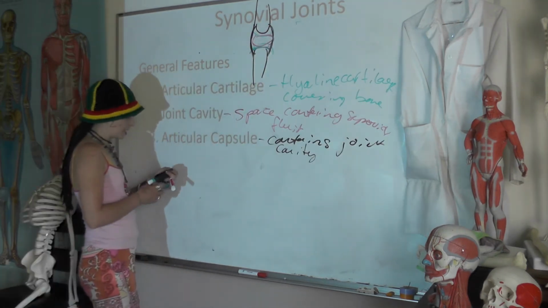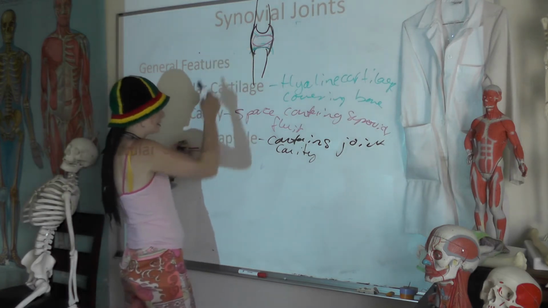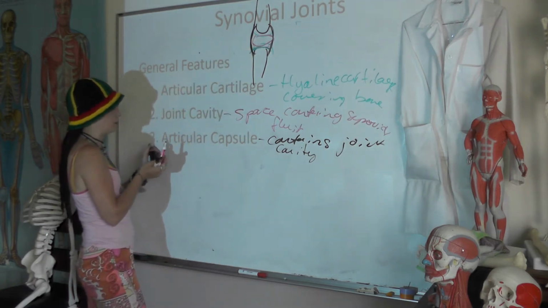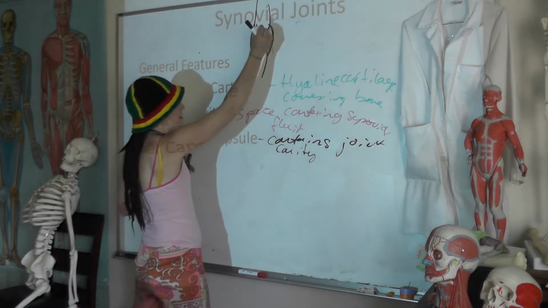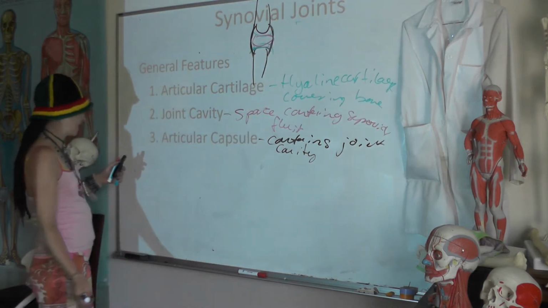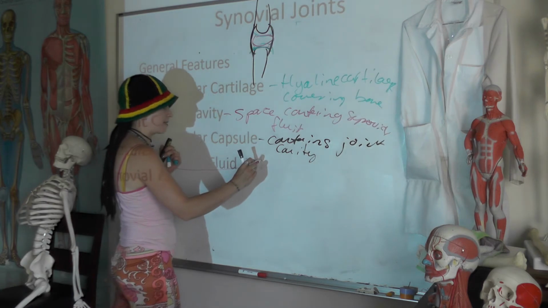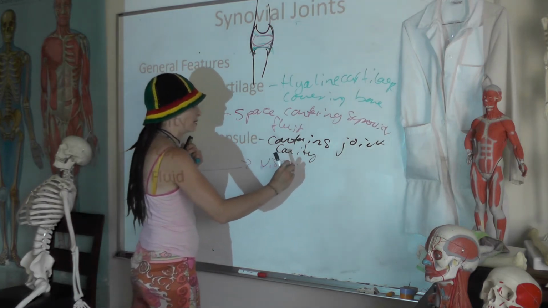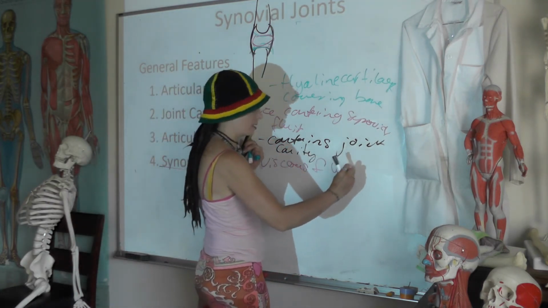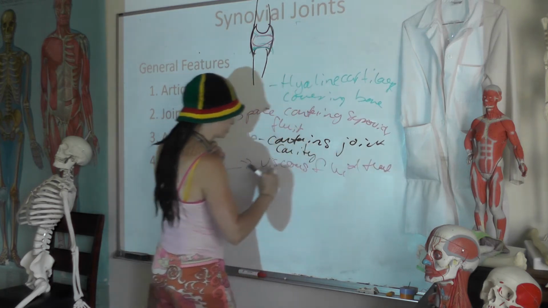In your articular capsule, the inner layer is the synovial membrane, and the outer layer is a fibrous layer that helps contain it and gives it structure. Synovial fluid is a viscous fluid that reduces friction between the bones.